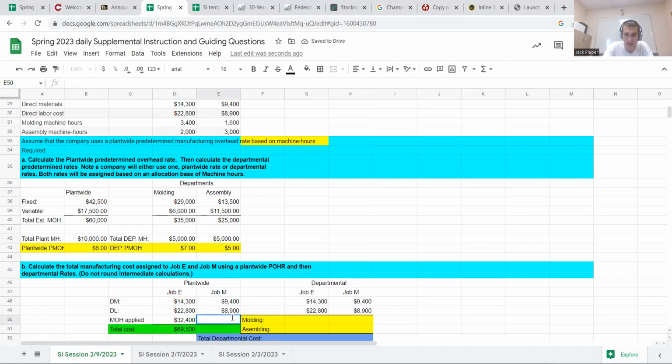All right, and now let's do the same thing plant-wide for job M. We will take our $6 plant-wide, multiply it by the 3,000 hours plus the 1,600 hours for job M, and we get 27,600. Cool. Now we can hit equals, and again, we can sum and it'll reference it.